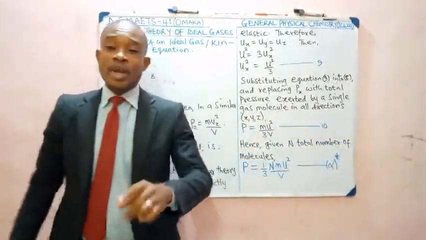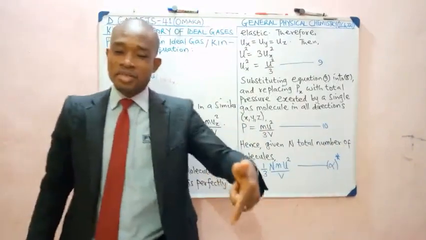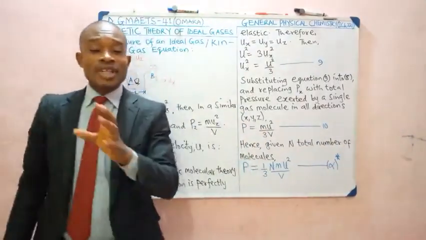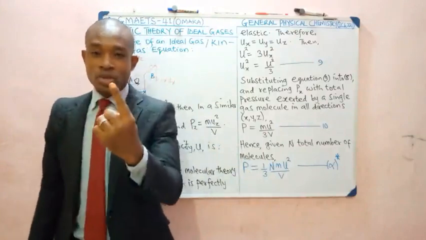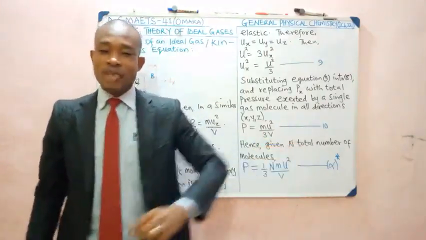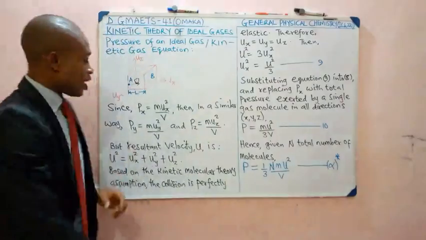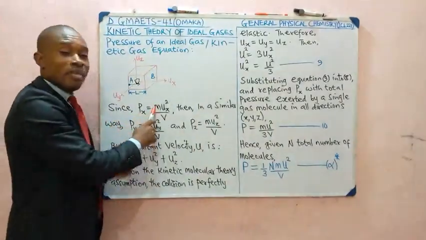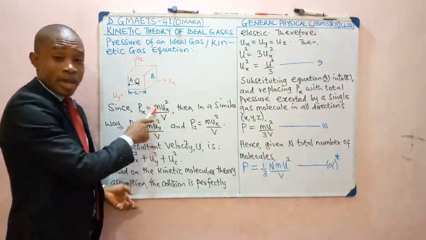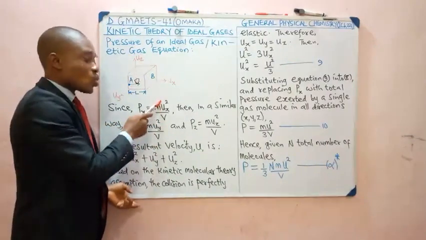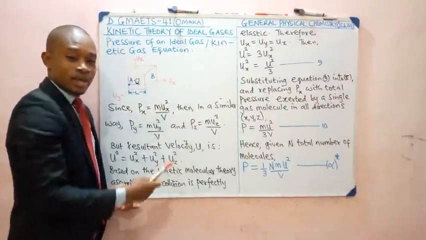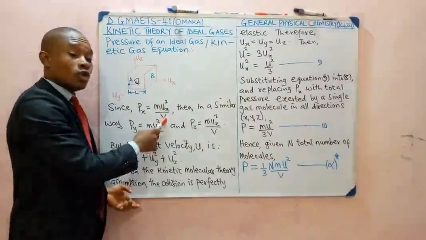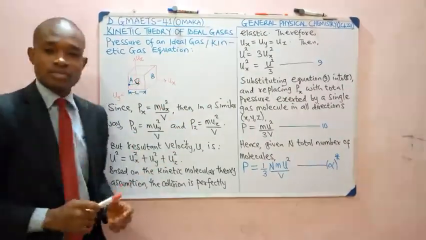Before the break, we established equation 8. And that equation 8 is the pressure exerted by mass of one molecule in x direction. We obtained that pressure to be equal to the mass of one molecule, small letter m, times the square of the velocity in that axis being considered, divided by what? The volume of this box.